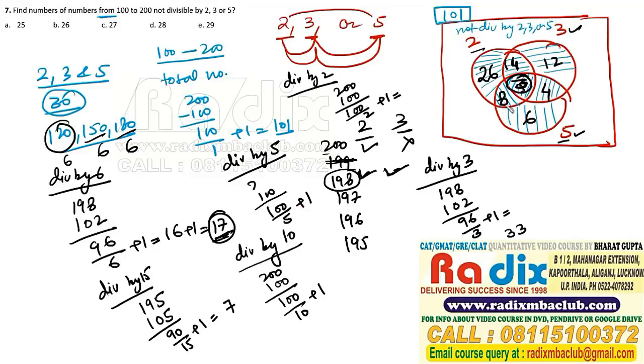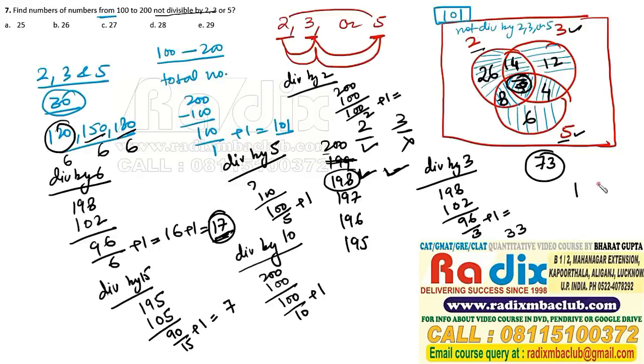Now these are the numbers which are divisible by 2, 3 or 5. Now add all these numbers: 26 plus 14 plus 11 plus 10 plus 12. There are 73 numbers from 100 to 200 divisible by 2, 3 and/or 5, and we have to calculate those not divisible by any, and the total number is 101.